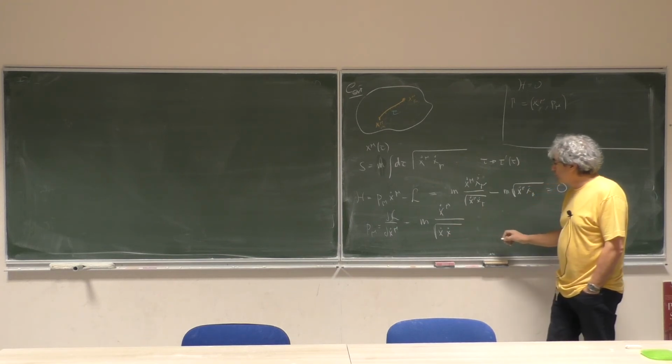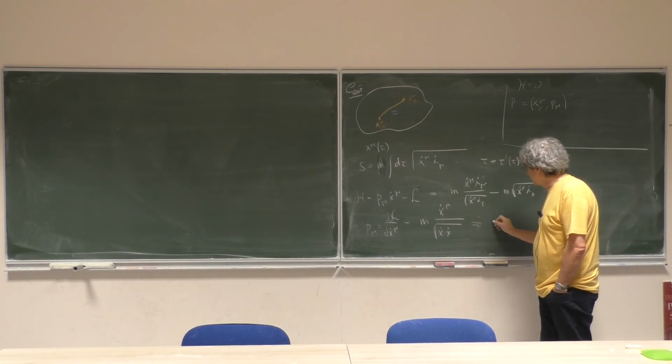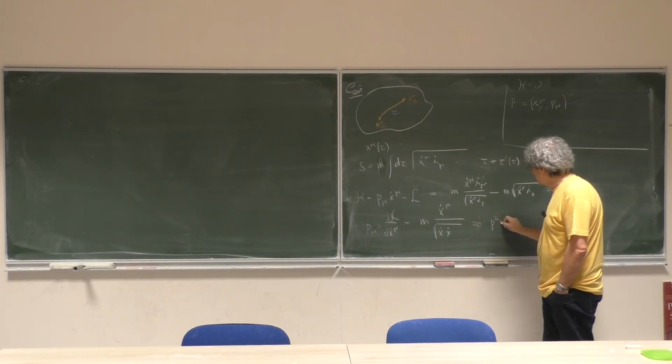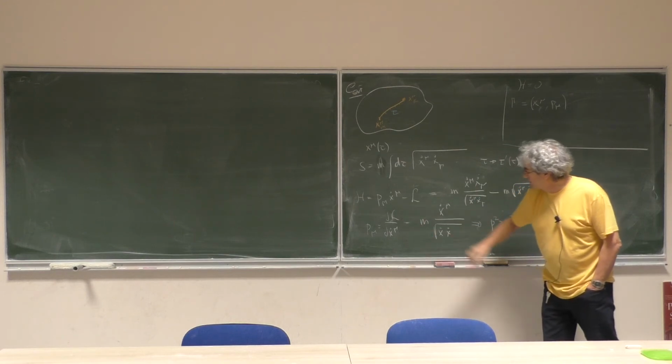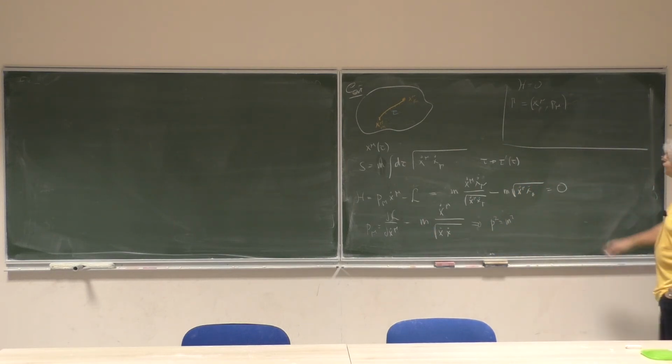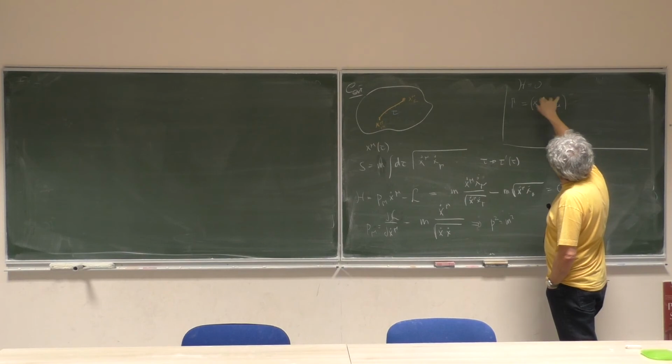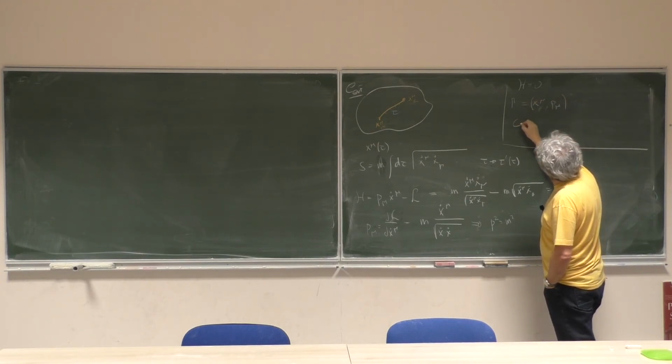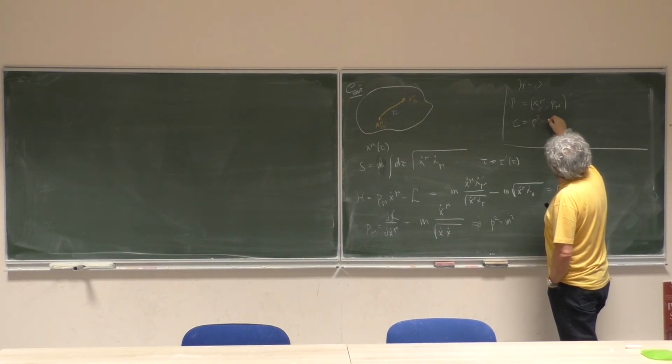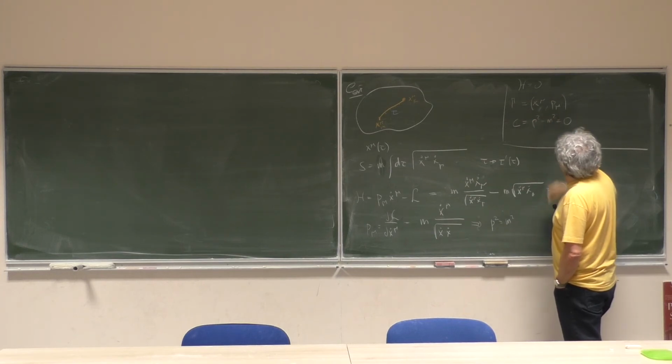So p square is equal to m square. So on this phase space here, there is a constraint which is p square minus m square equal 0.